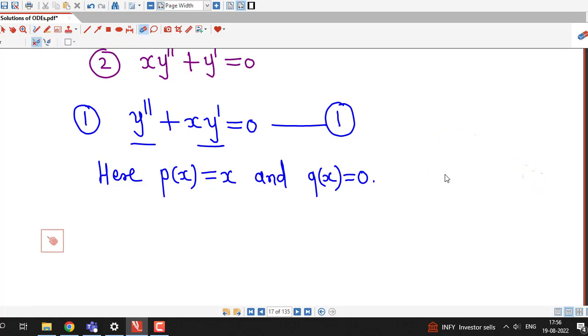Now it is clear that p(x) and q(x) are polynomials, so they are analytic at every point. Clearly p(x) and q(x) are analytic everywhere.